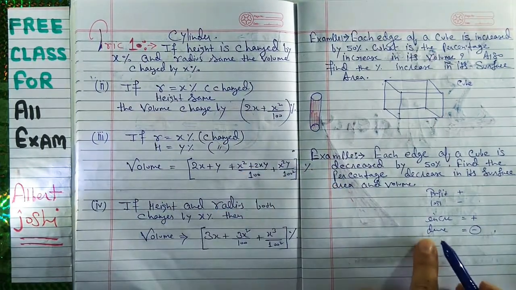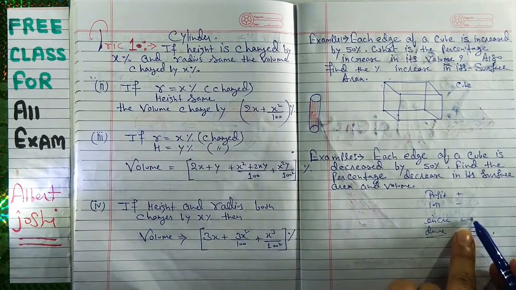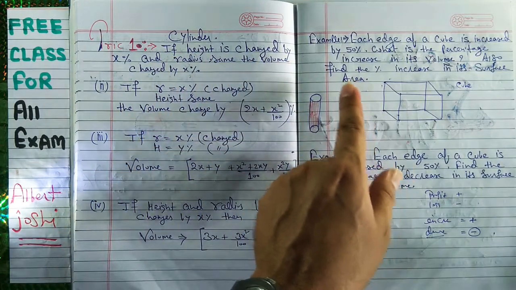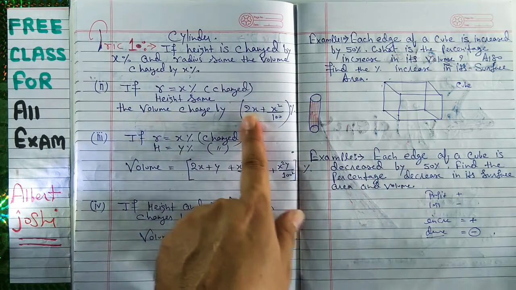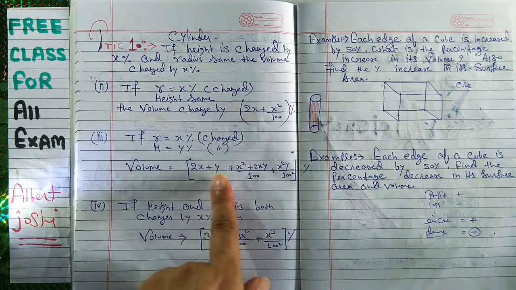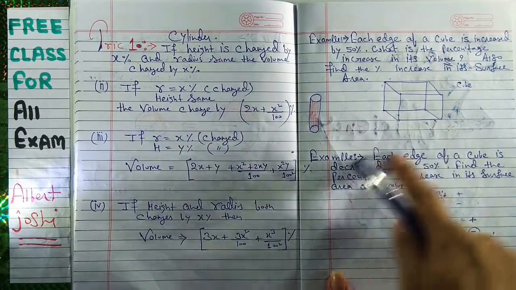Whenever it decreases, you have to use the minus symbol, otherwise you use the plus symbol. So here we are increasing, it means you will use plus x everywhere. If it has been decreased, then you have to use minus. So that is also your task to complete.